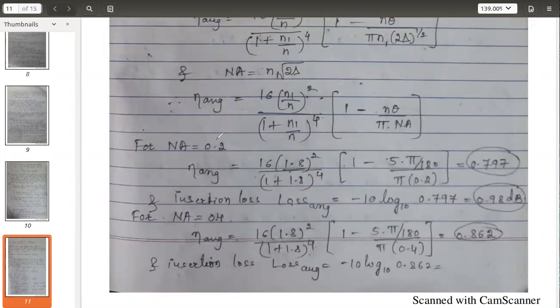Substitute the values. 16, n1 is 1.48, small n is 1. Substitute the values. Here the thing is theta is given in degrees. So convert these degrees into radians, the conversion is pi by 180. If you do it, you will get 0.797.